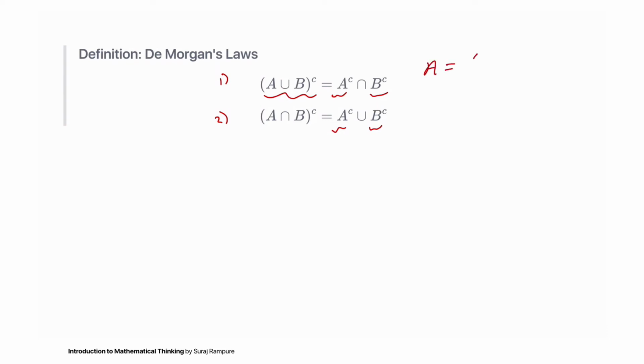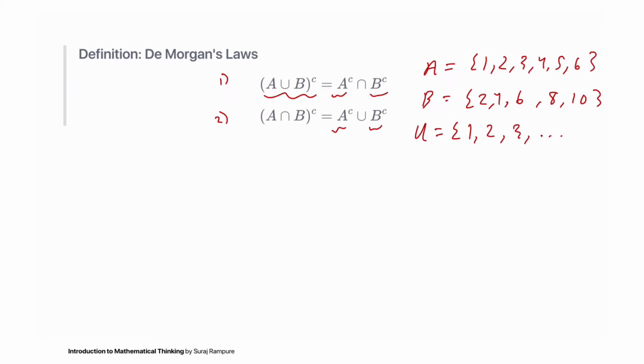So let's use an example of A being 1, 2, 3, 4, 5, 6, B being 2, 4, 6, 8, 10. And again, this is not enough because any time we have a complement, we need to know what our universe is. So let's let our universe be 1, 2, 3, all the way to 10.